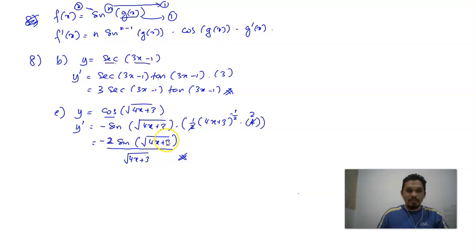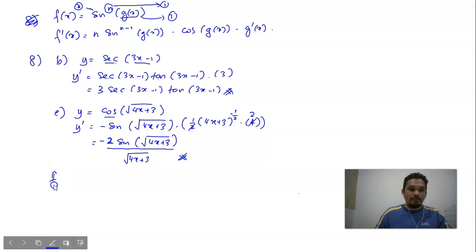Okay, we cannot simply divide here because this is an angle for sine and this is the square root of 4x plus 3. There are two different things here. You don't simply divide this and get negative 2 sine to the power of 1. No.